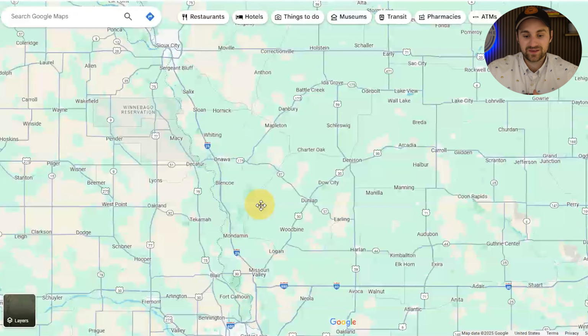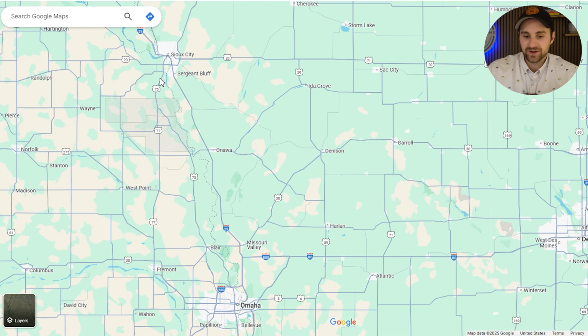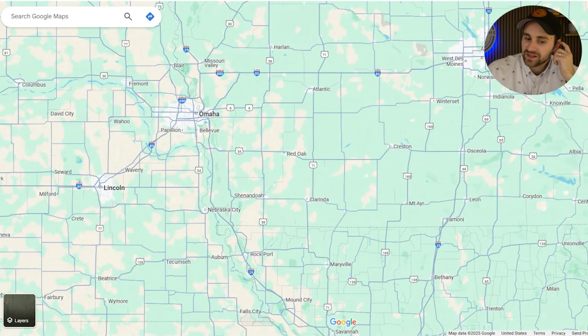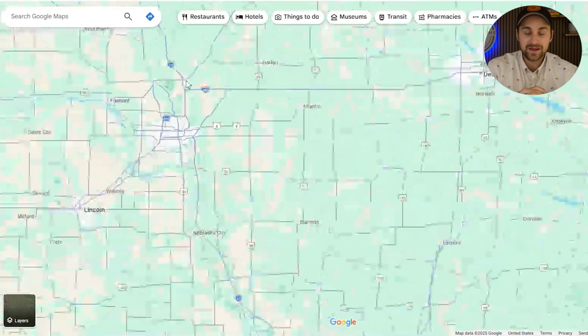It's basically from Sioux City all the way down to Omaha, along the western front of Iowa. It's called the Loess Hills. The Loess Hills are a hilly area, pretty big, especially by Iowa standards, but they're only found in two locations in the entire world: China and Iowa, specifically western Iowa.